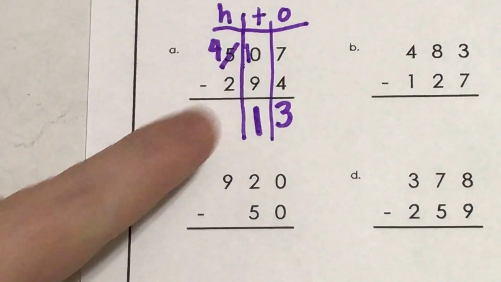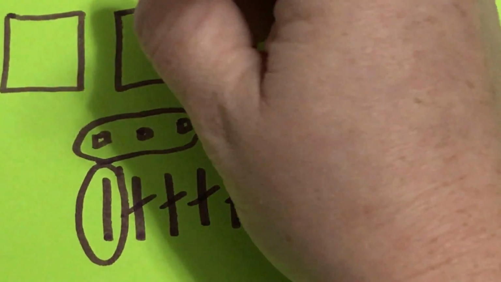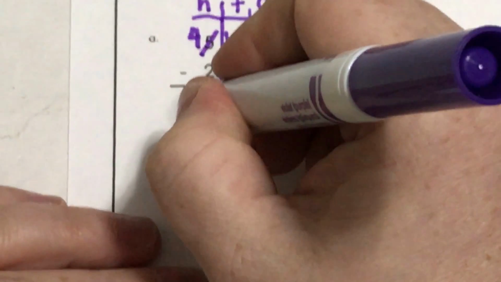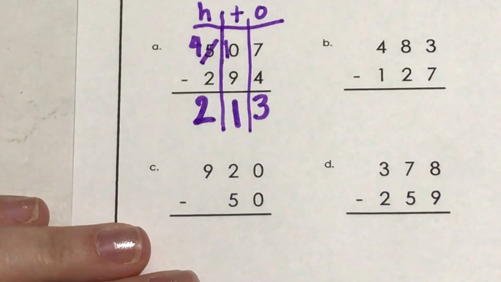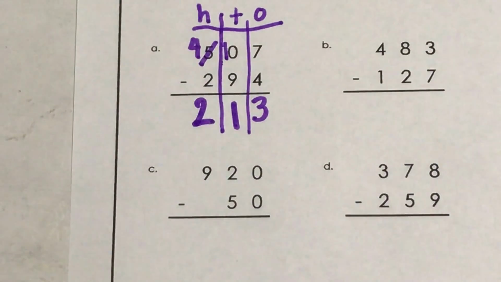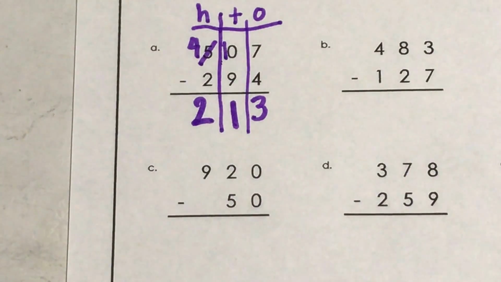And in this problem, we're subtracting 2 of those. 1, 2 of them, and that leaves 2 groups of 100 left. So our answer is 213. Now we know that 507 minus 294 equals 213.